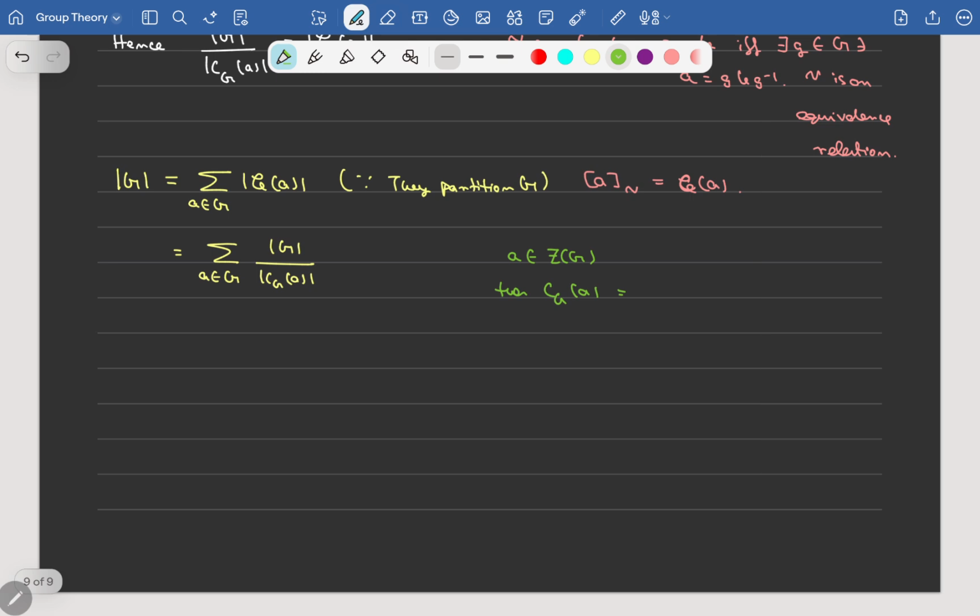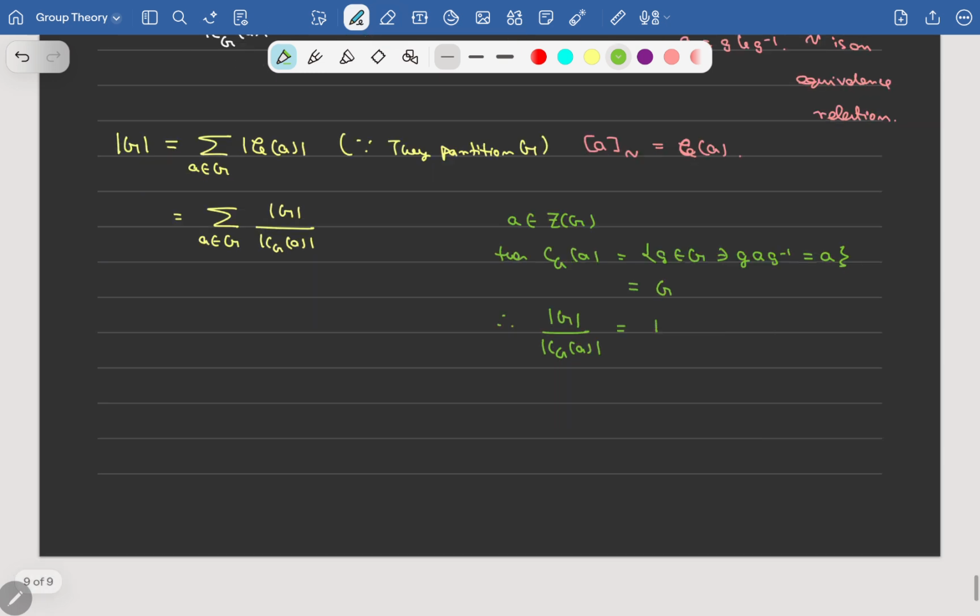So the centralizer of A in G is the collection of all the elements g in G such that g a g inverse is equal to A. But since A is in the center, it commutes with every element of G. Therefore this should be nothing but the whole group G, and therefore the cardinality of G divided by the cardinality of the centralizer will come out to be 1.